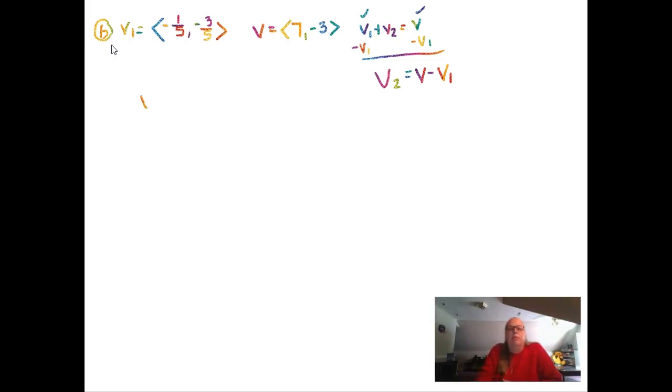Okay, so let's find v2. Vector v is 7, negative 3, and we are supposed to subtract negative 1/5, negative 3/5. This is vector v1. All right, this vector is 7 minus negative 1/5 and negative 3 minus negative 3/5.